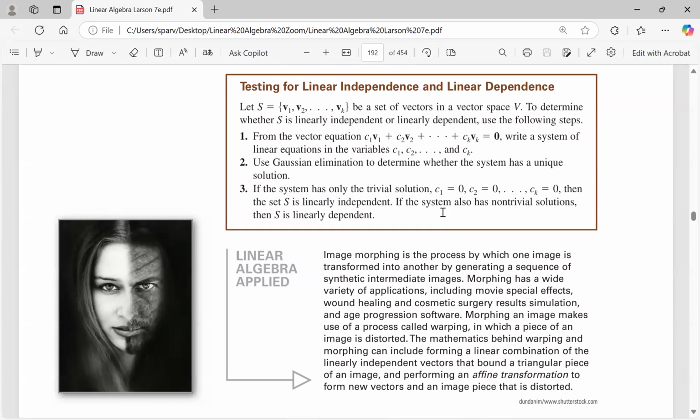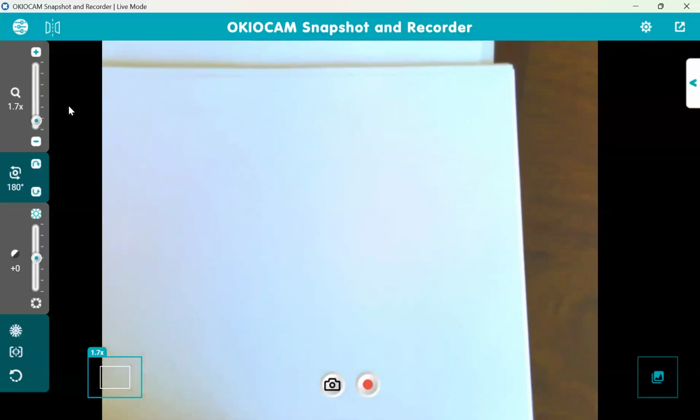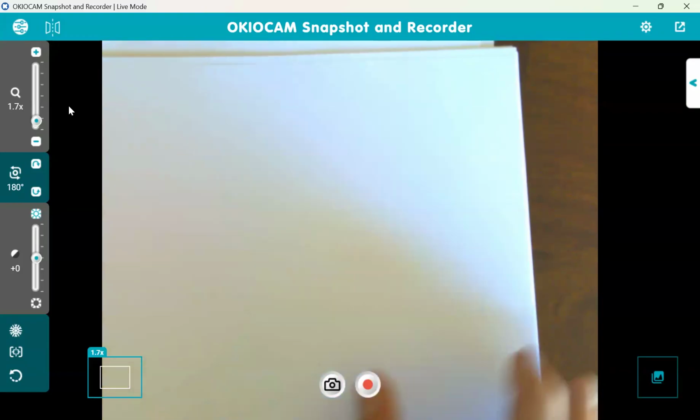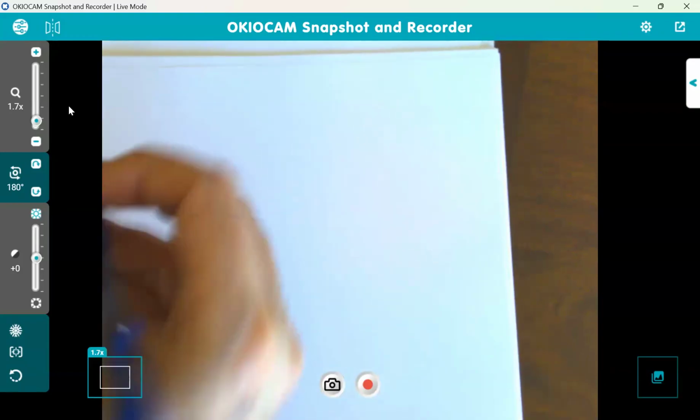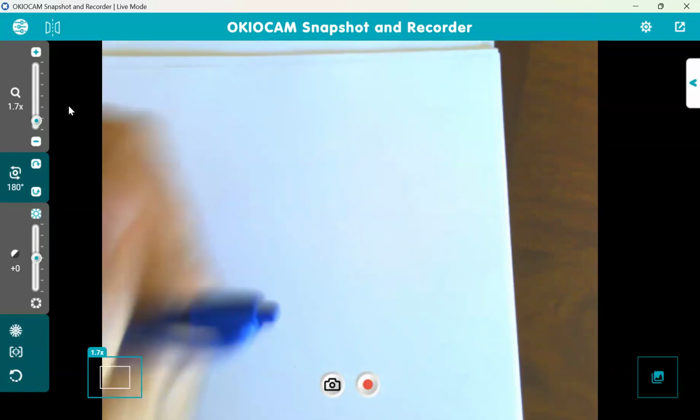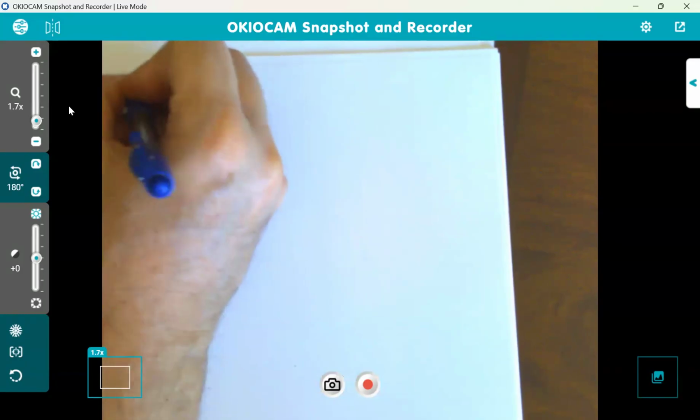All righty. Now, let's take a look at another example here. So I'm going to change my share, go back to my notepad. All right. Now, the next example we're going to look at is the following. We are in section 4.4.